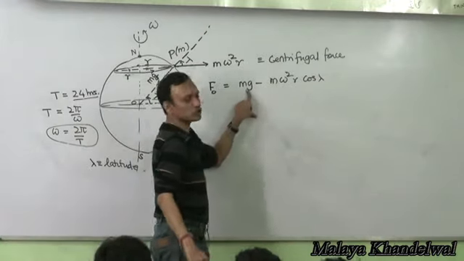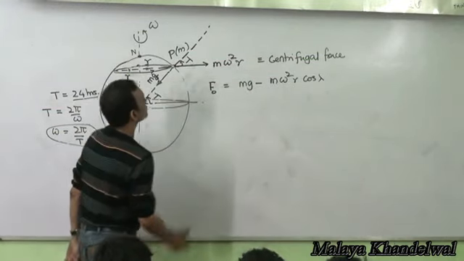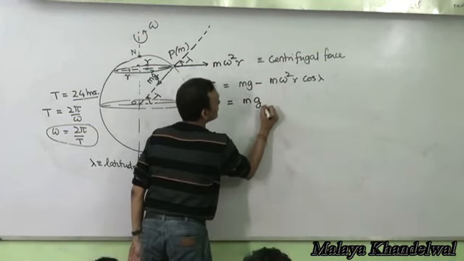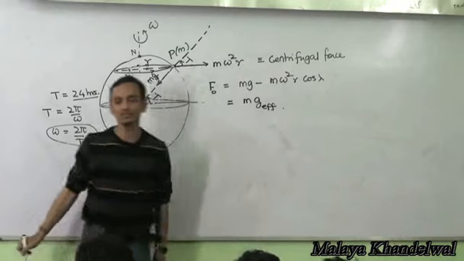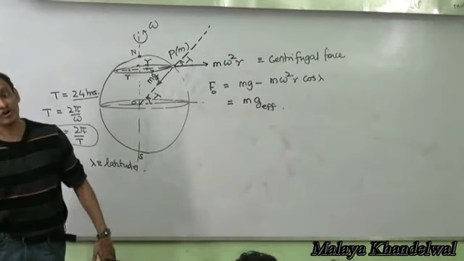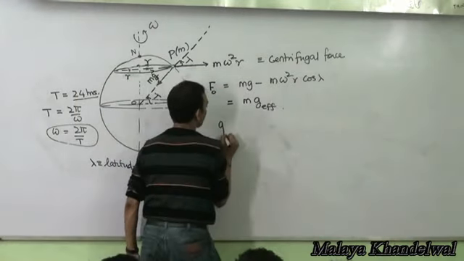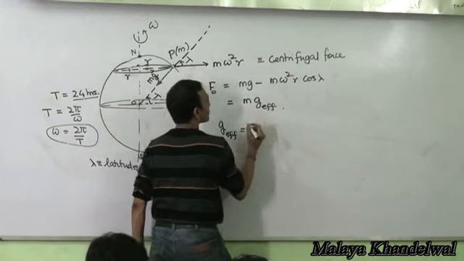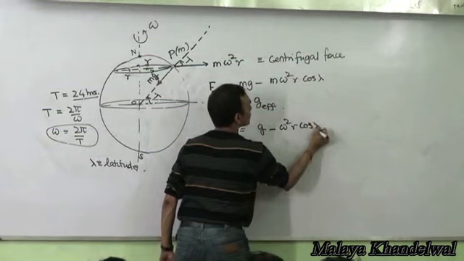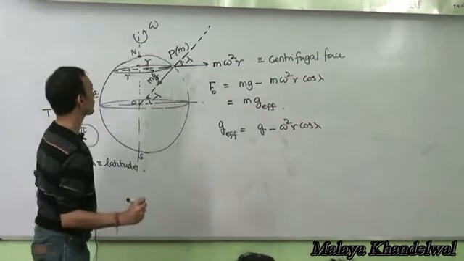When omega was 0, the net force was mg, right? And this in turn must be mass into g effective at a latitude lambda because of omega, because of the spin of the Earth. So the g effective is g minus omega squared r cos lambda, yes or no? Right?